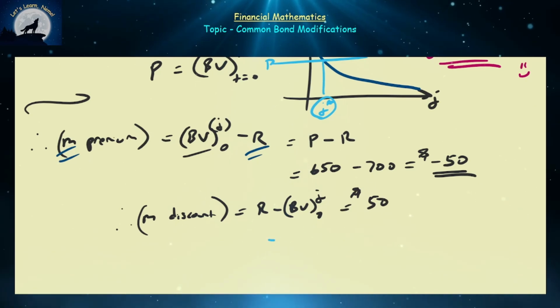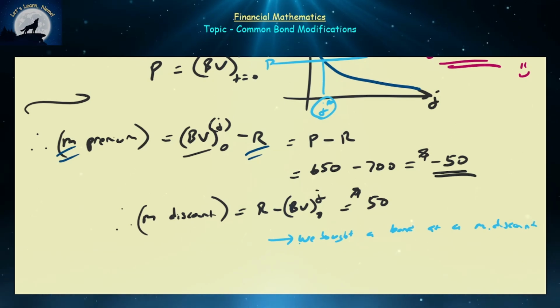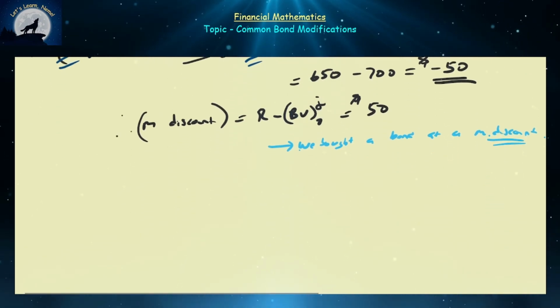So that means we bought a bond at a maturity discount, right? Now, could we have found out that this was a maturity discount bond purchase ahead of time?